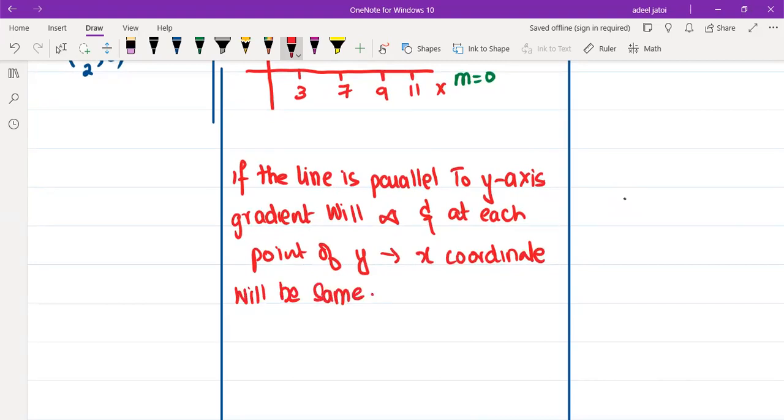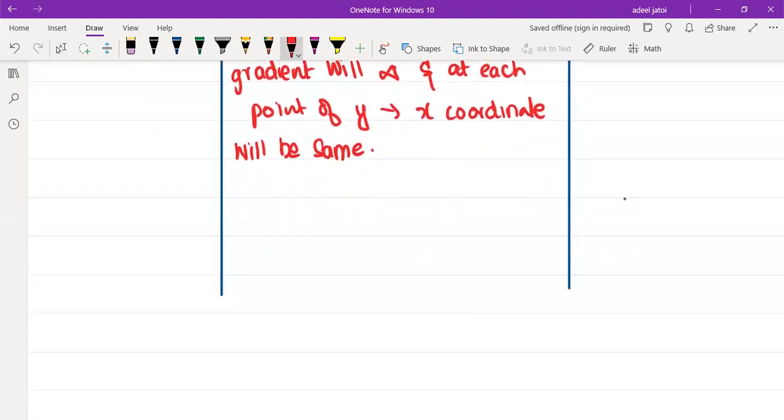If I represent this on the graph, this is your x-axis, this becomes your y-axis. A line is parallel to the y-axis. This is your y-axis, and the green line is parallel to the y-axis.